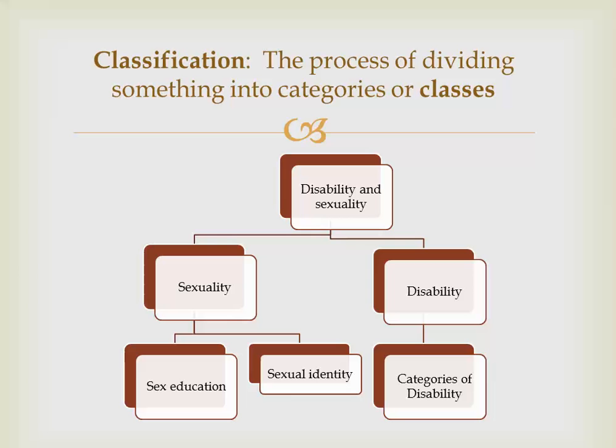Classification is the process of dividing something into categories or classes. So, as you can see here, I'm going to use an example from the assignment sheet, which listed disability and sexuality.